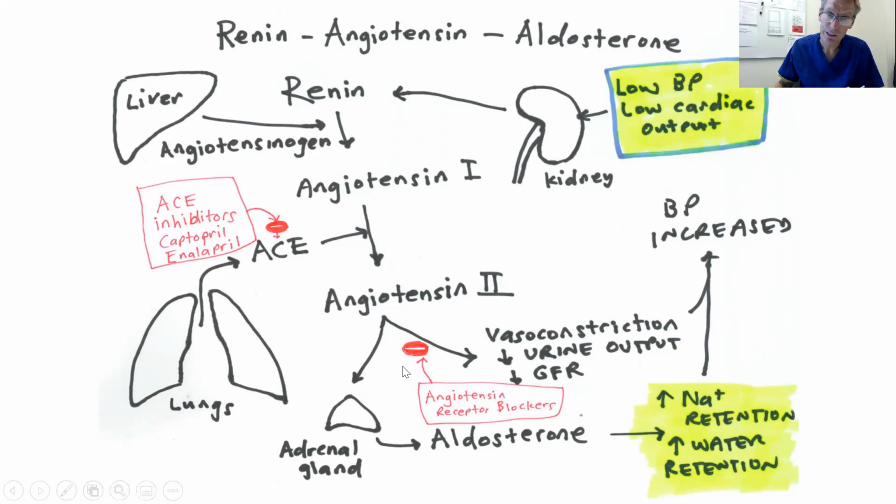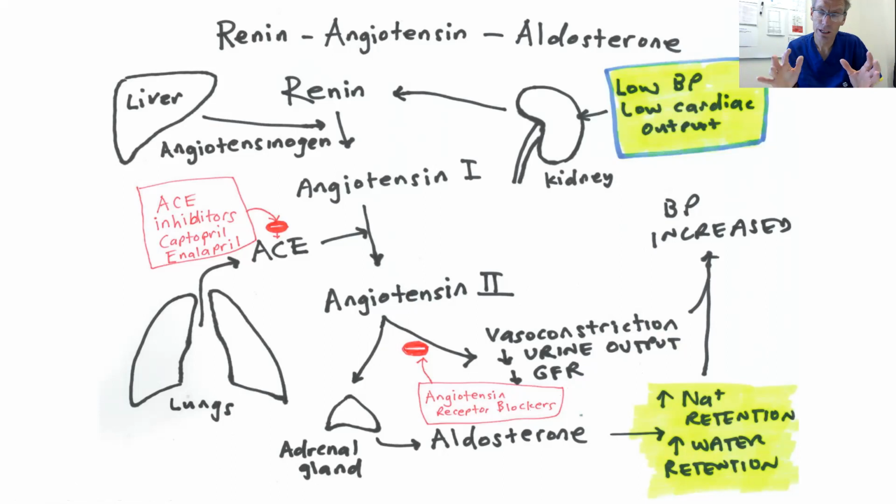You get more retention of water, more vasoconstriction, so the blood pressure is increased because of salt retention and water retention. Angiotensin 2 is not only a strong vasoconstrictor, but it also stimulates aldosterone production by the adrenal glands, and aldosterone acts directly to retain salt and water. So both ADH, antidiuretic hormone, and the renin-angiotensin-aldosterone system have complex mechanisms to retain water, to improve blood pressure, to retain sodium, to cause vasoconstriction, to improve the cardiac output.